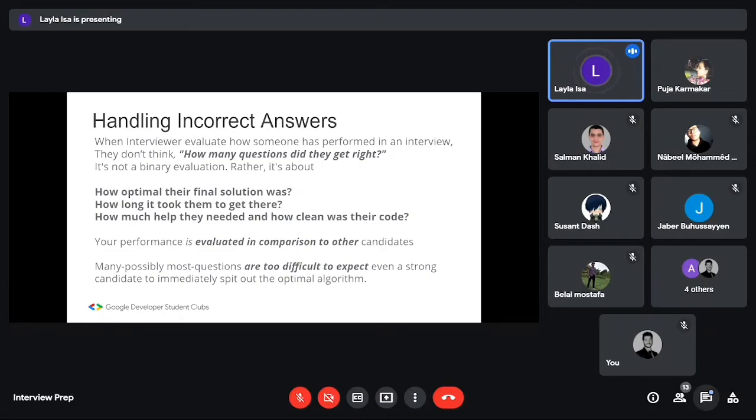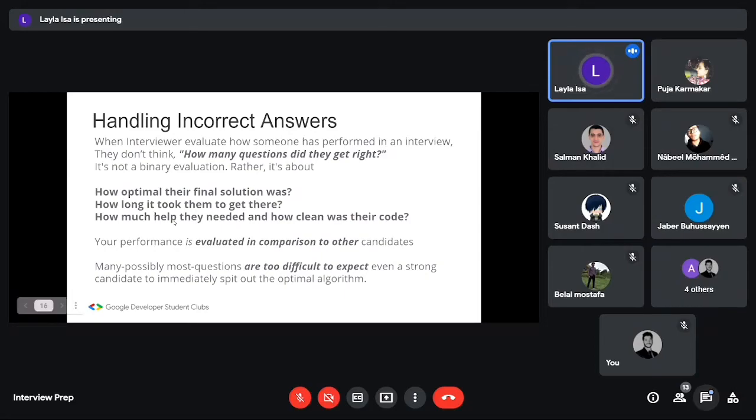It's about how optimal your final solution was. You may get a wrong answer on one question, and the interviewer gives you another question to test you. Maybe they find you confused about something, and you give an optimal solution on the second one. They won't care about the first one you got incorrect.